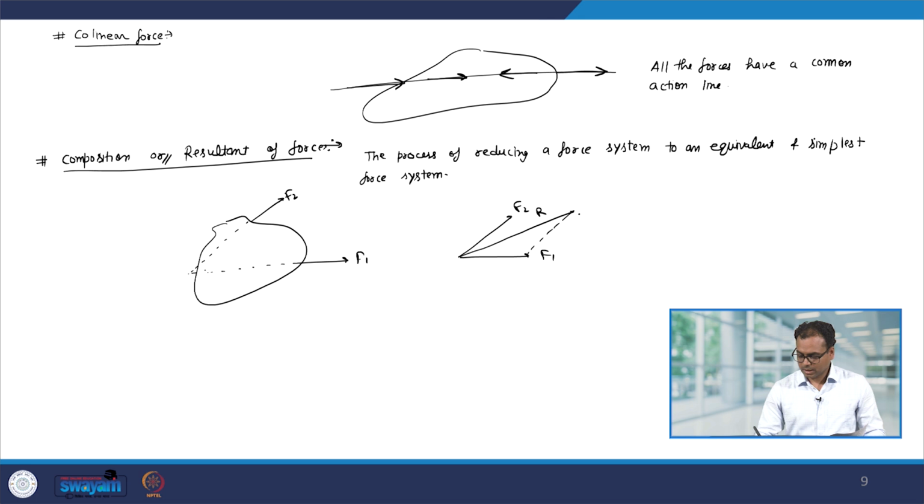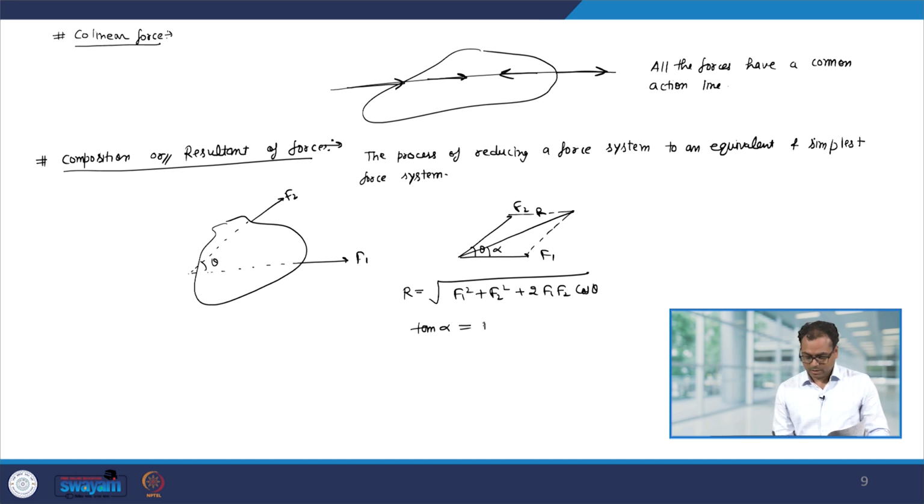So, this is F2, this is F1, and let us say they are making an angle theta between them. Okay. So, this angle that you see is theta, and we want to determine what is R, at what angle it is acting. So, let us say this angle is alpha. So, this we already know that the resultant R will be square root of F1 squared plus F2 squared plus 2 F1 F2 cos theta, and the angle that the resultant makes from F1 will be tan alpha equal to F2 sin theta divided by F1 plus F2 cos theta.